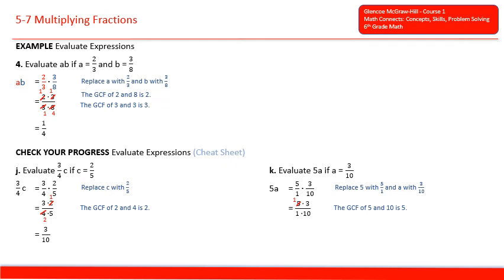We have a greatest common factor of 5. So 5 goes into 5 once, 5 goes into 10 twice. And if we multiply across, 1 times 3 is 3, and 1 times 2 is 2. So we have 3 halves, which is an improper fraction.